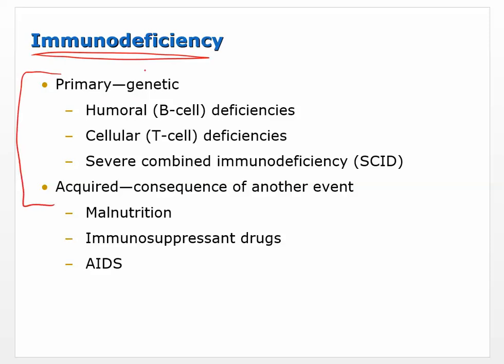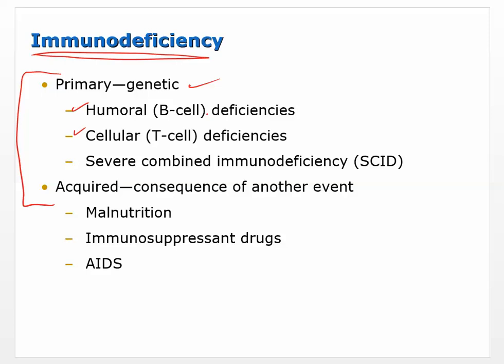Primary, when we think of primary immunodeficiency, we tend to think of genetics, and so we have here listed humoral or B cell deficiency, or cellular T cell deficiency. For whatever reason, some kind of mutation is causing a deficiency in your ability to produce, or in part of the maturation process.